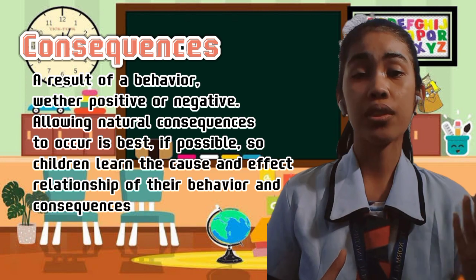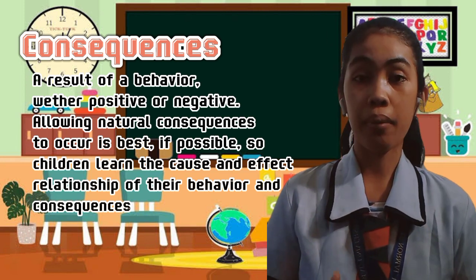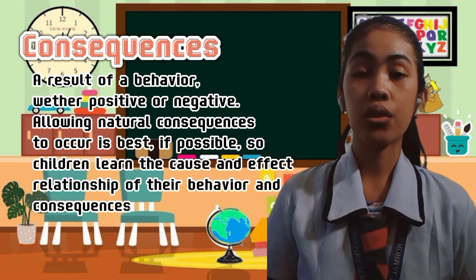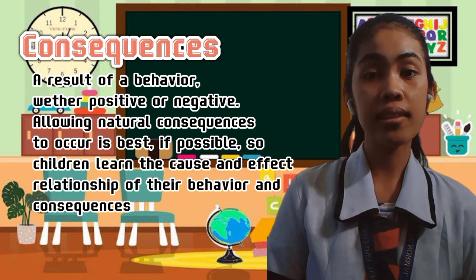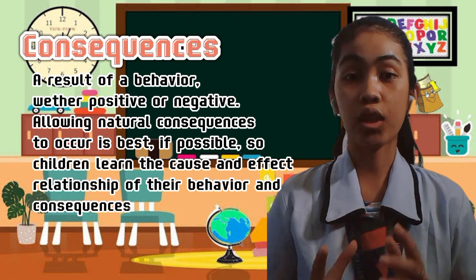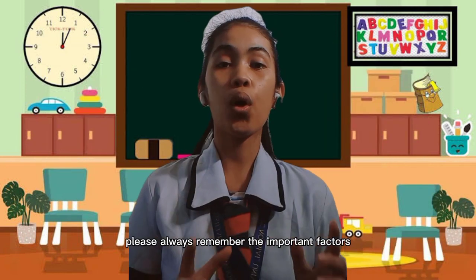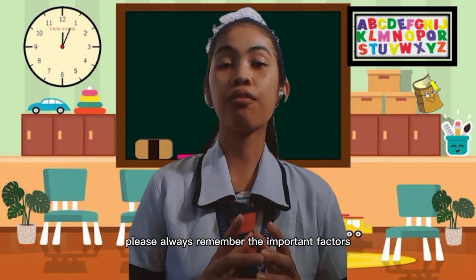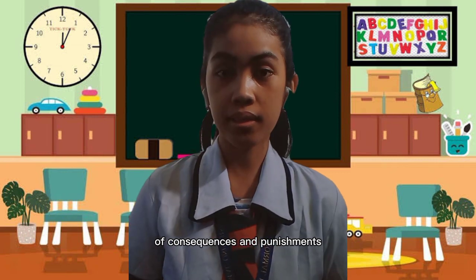Allowing natural consequences to occur is best, if possible, so children learn the cause and effect relationship of their behavior and its consequences.